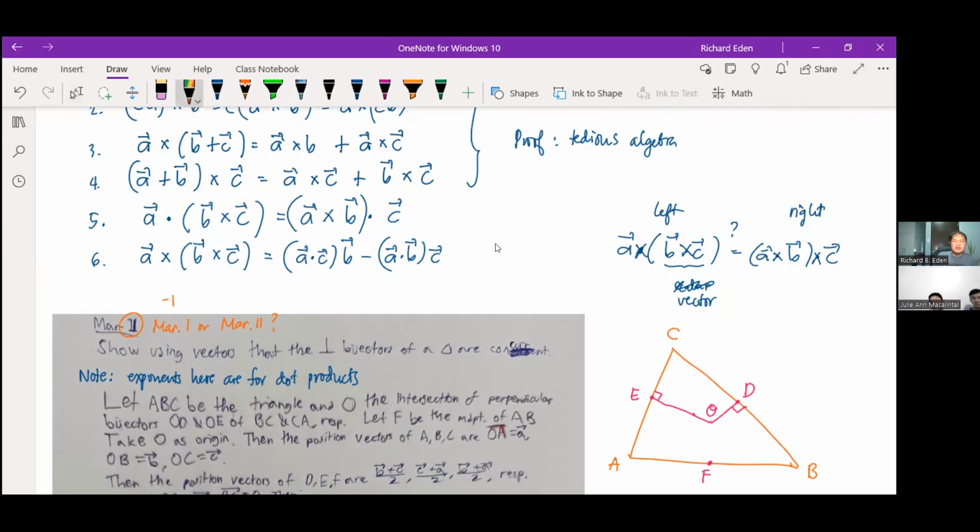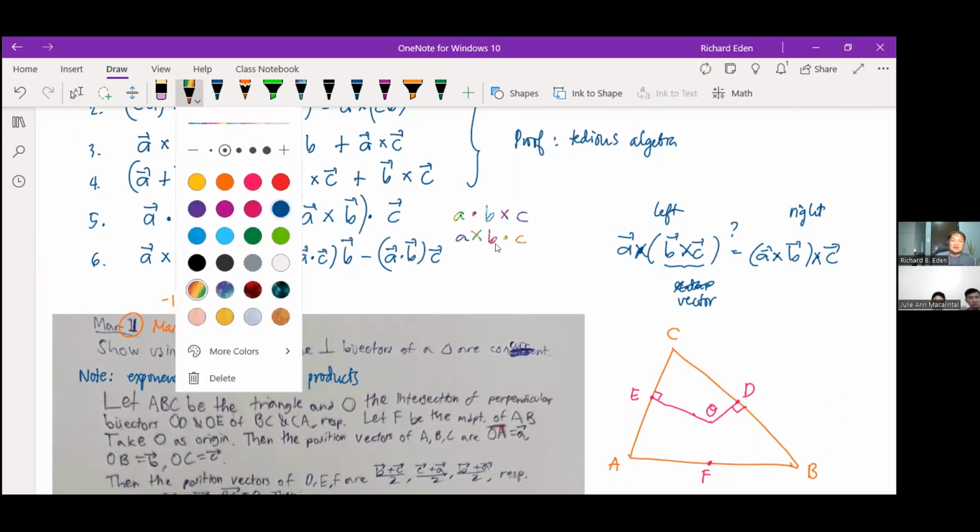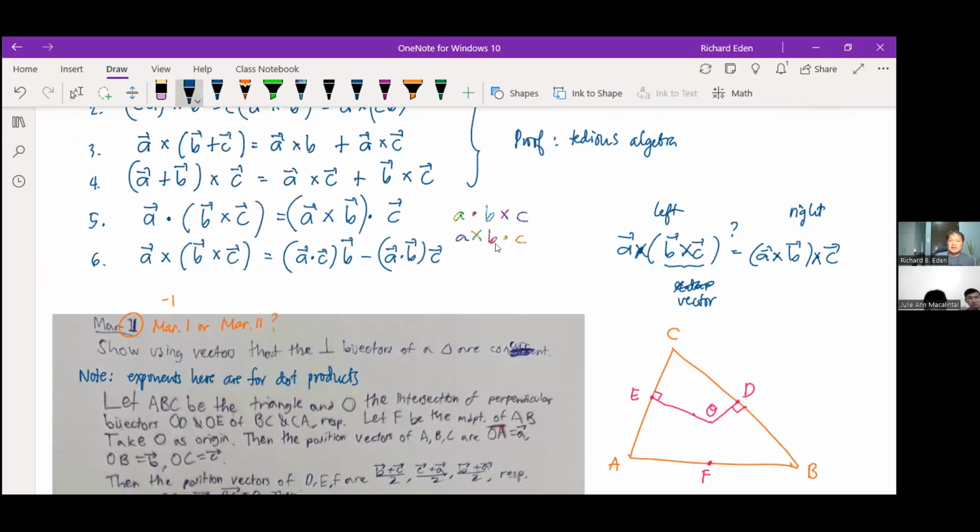For me, a way to remember number 5 is that if you write down A, B, and C from left to right, whether it's dot then cross, or cross and then dot, the result is going to be the same. Hindi magbabago, even if you switch the dot and cross.